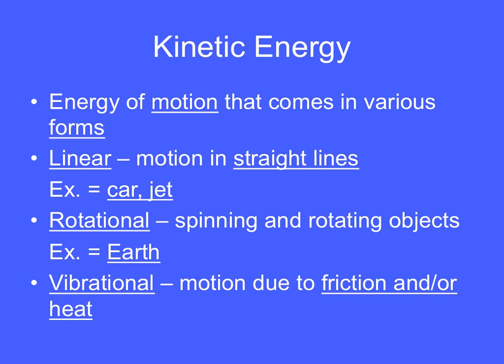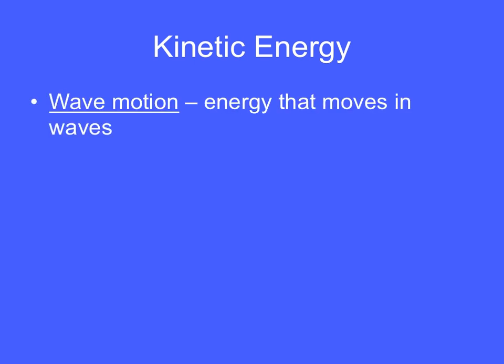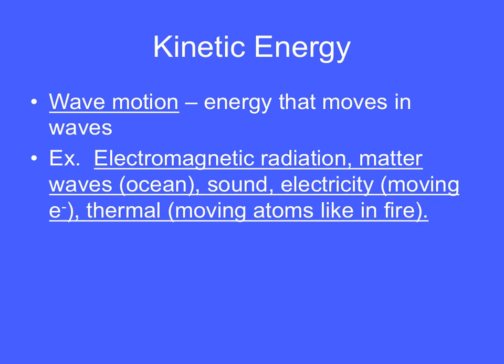But by and large, the biggest type of kinetic energy that we have is wave motion, and this is the type of energy that moves in waves. You learned about some of these in your previous science courses with electromagnetic radiation. All of those come in waves, visible light, sound, but when you think of waves, you may also think of the beach and the ocean, and those are what we call matter waves.